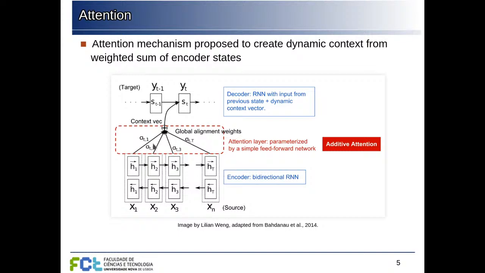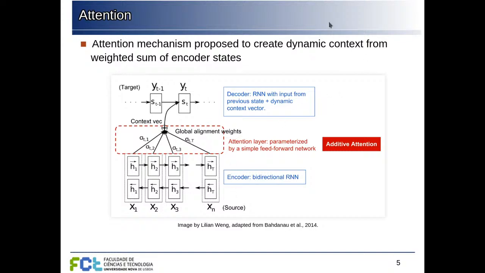And now this is going to be fed into the decoder, and these parameters are different for different timestamps too. So we can have a dynamic context created here, and this was called an attention layer because it's deciding which parts of the encoder are more important and which are less important for each particular symbol that we're going to output here. So this was called an additive layer because it's adding all of these.